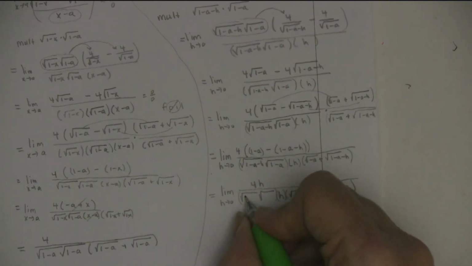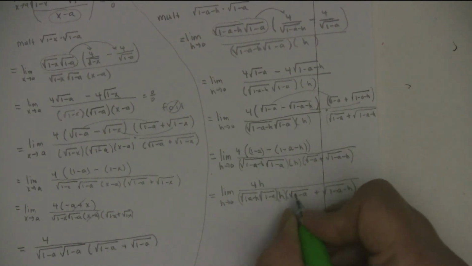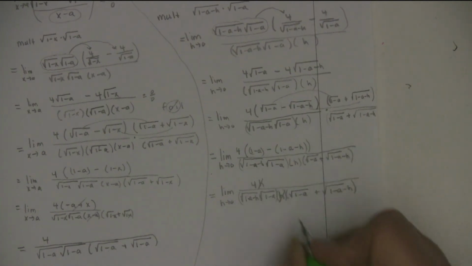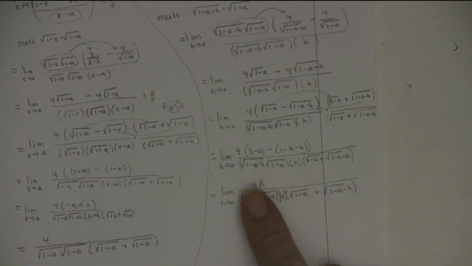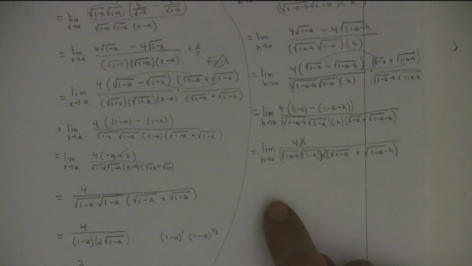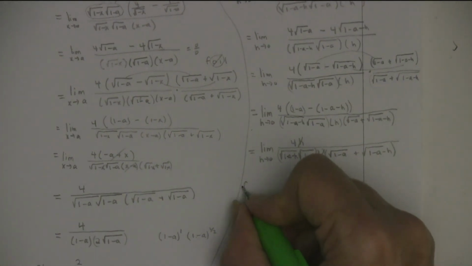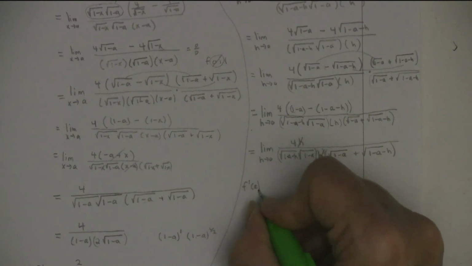So I had here 1 minus a minus h, and 1 minus a, and the h's finally drop out, right? Because I have a monomial times h times a binomial, but the h's factor out. So h's drop out, and now I can finally apply the limit, which is to substitute in that h is 0. So remember, this is my derivative, right?